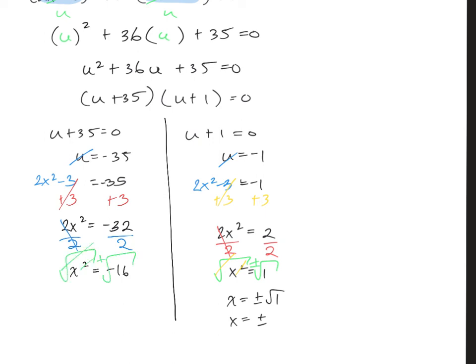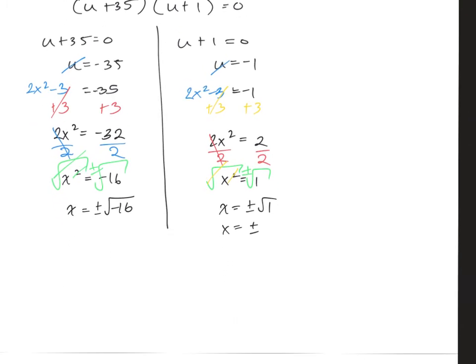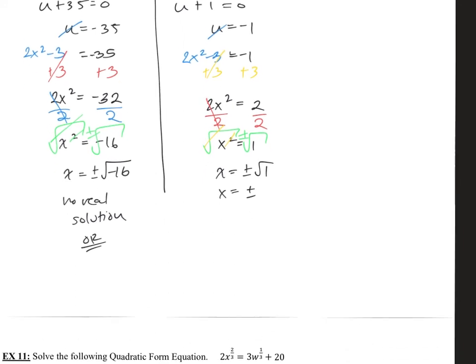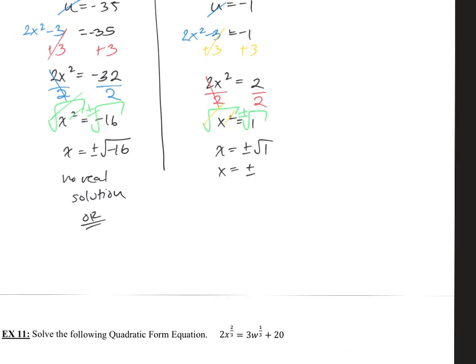I have a negative 16 under the radical. So once again, depending on what these directions might be, you would either say no real solution because of that negative under the radical, or you would continue solving and x would equal plus or minus 4i.